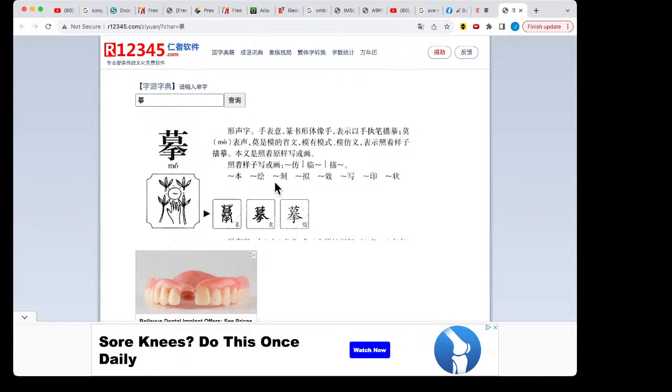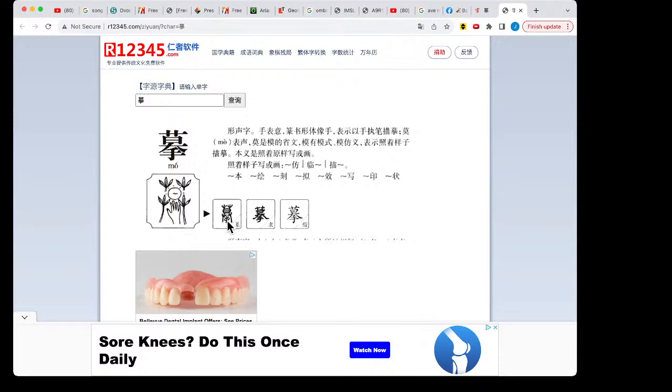Let's take a look at it. You can see that this has two hands right there, and the top and the bottom are very similar.